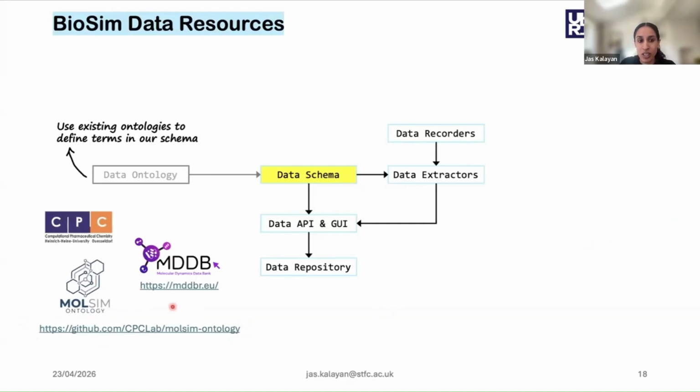This ontology is also going to be used by the Molecular Dynamics Database, which is a European initiative to share molecular dynamics simulations with the wider scientific community. So this is something hopefully we can use in both of our projects.